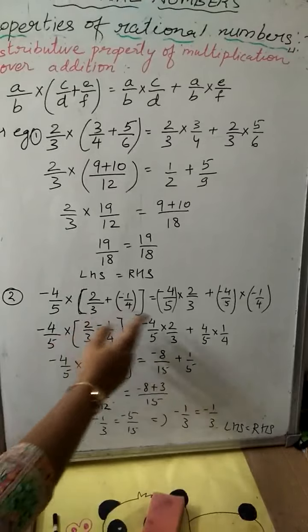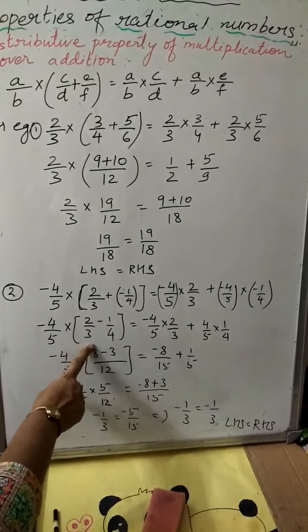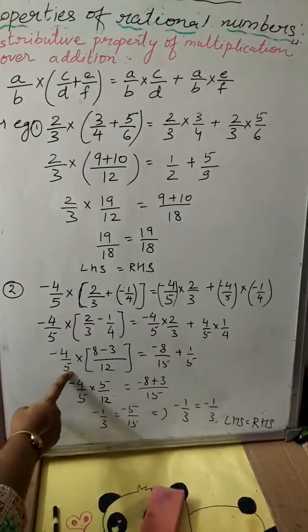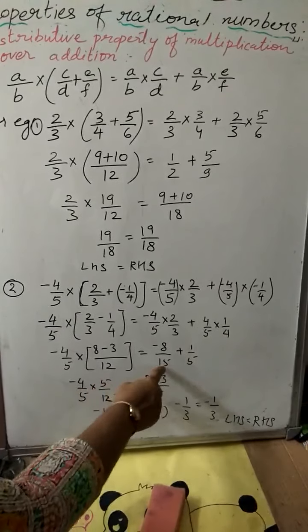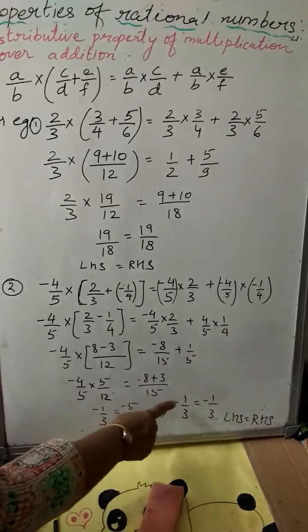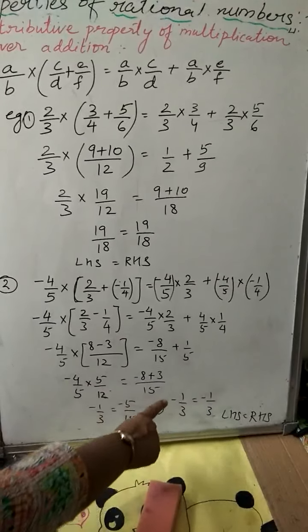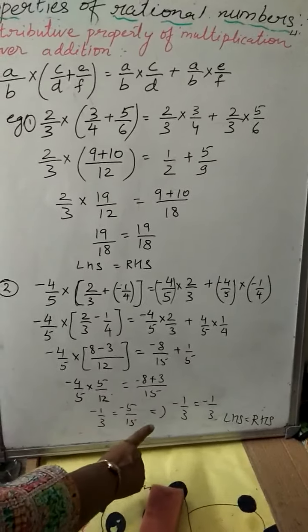Both LHS and RHS you have to solve. First solve the bracket, and then do the multiplication. By taking the LCM, I have got the result minus 1 by 3 in both LHS and RHS.